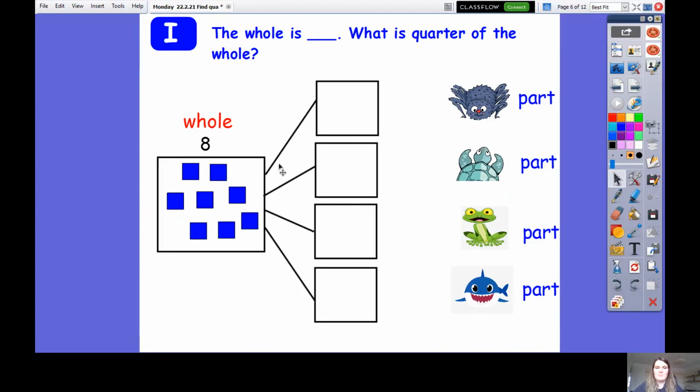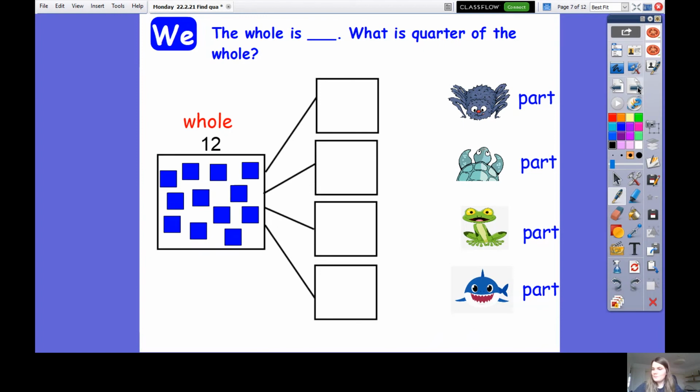Let's have a little look at that. So when we're sharing 8, we know that we have it in 4 parts and it is 2. Each person will have 2. The whole is 8. Quarter of 8 is 2.